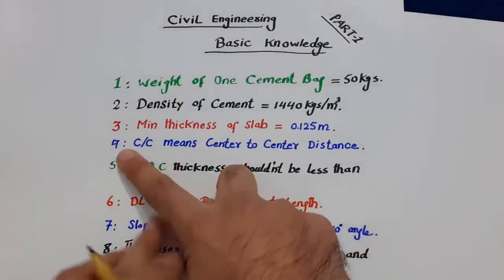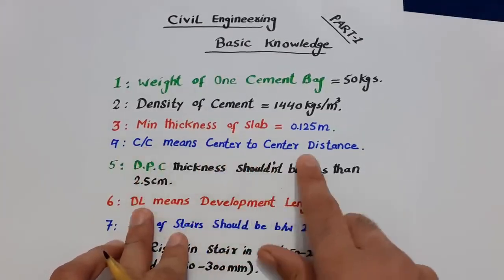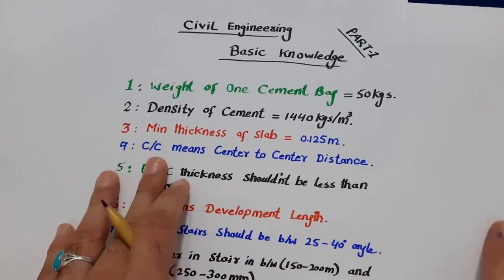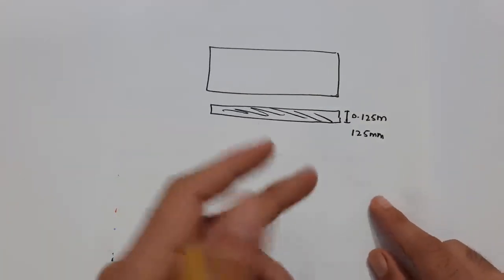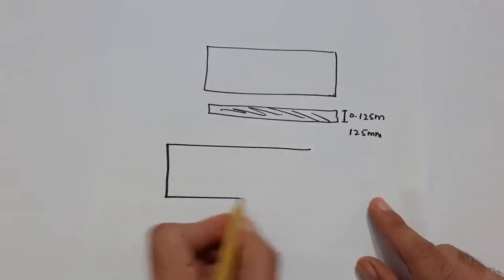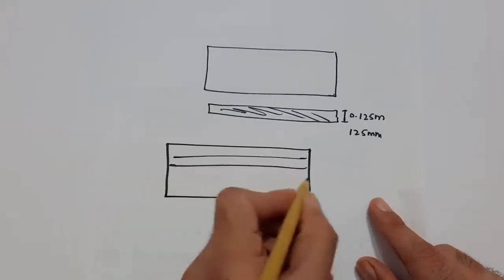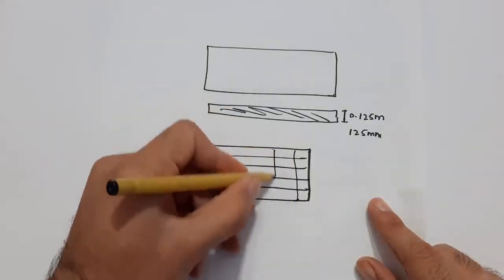Next, guys, the fourth one is C/C, meaning center to center distance. C/C is especially used in design for the slab or for any RCC members. Like, you can see this is a slab, and we are providing main bars and distribution bars.